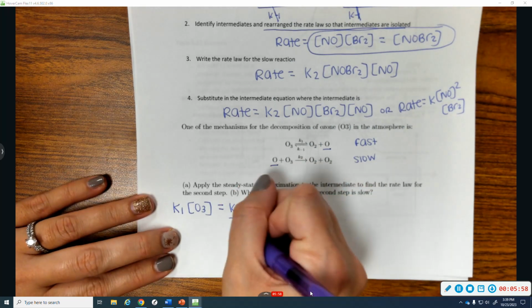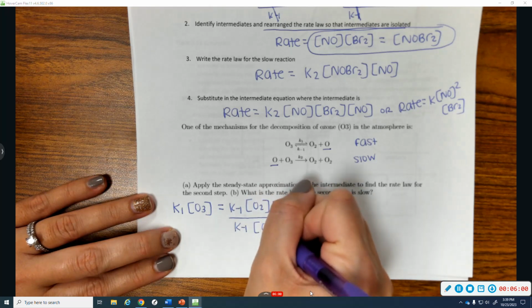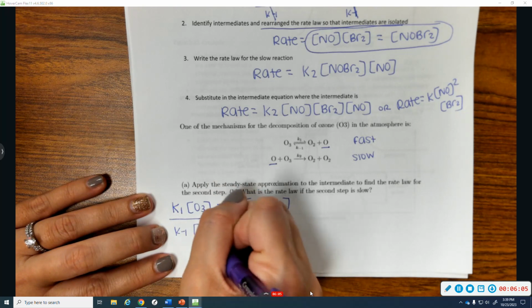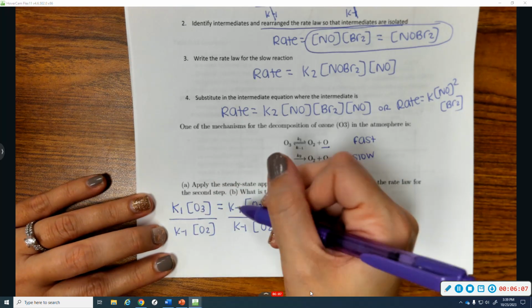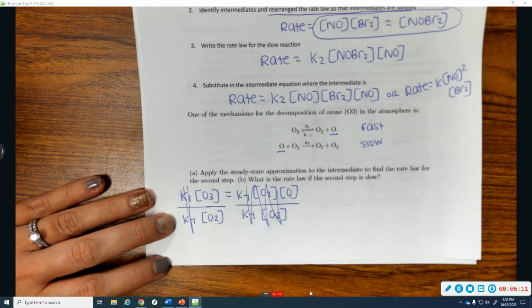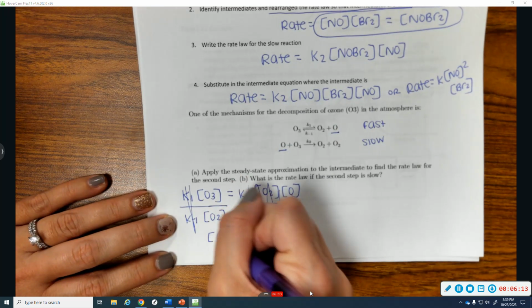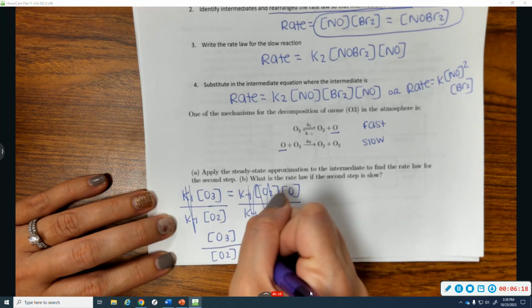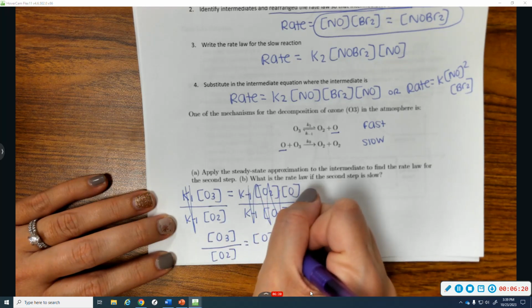So I would divide both sides by that. The k's cancel out, and I have k1 over k-1 times the concentration of O3 divided by the concentration of O2 equals the concentration of O.